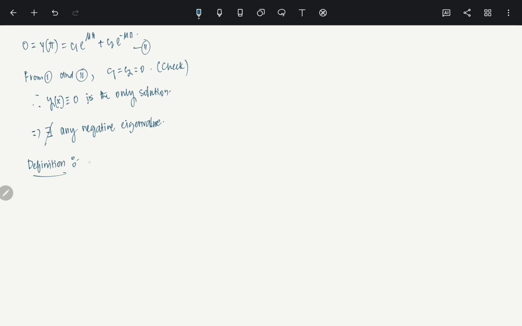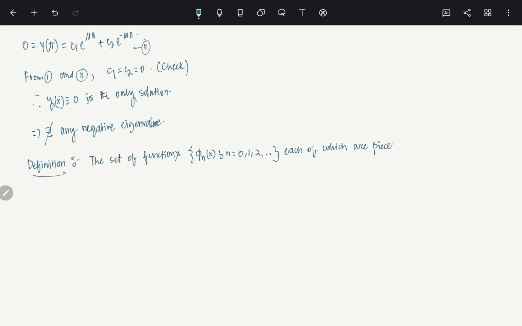The definition is: the set of functions phi n of x, n equals 0, 1, 2, and so on, each of which are piecewise continuous.